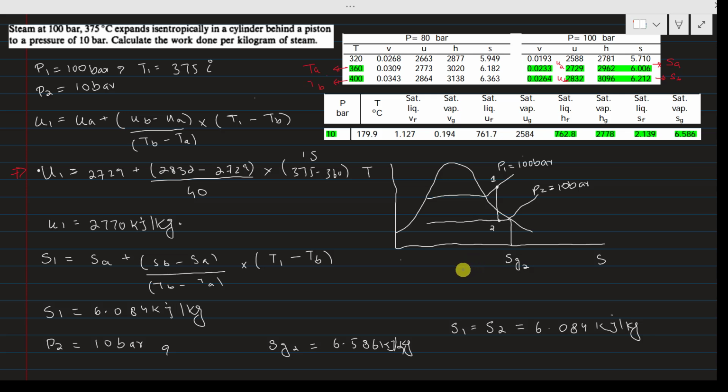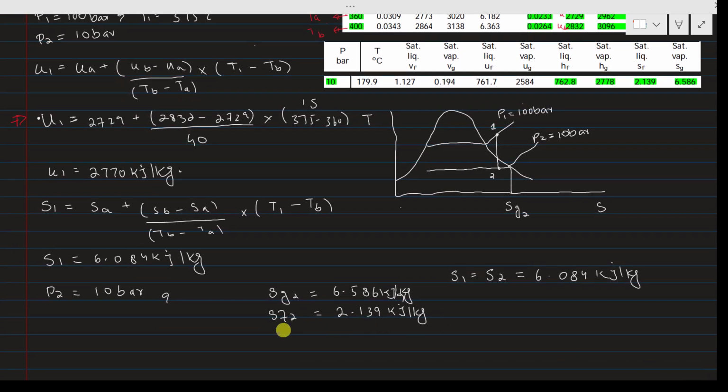So for that we need the dryness fraction also. Now from the saturated steam table, the Sf2 value is 2.139 kilojoule per kg K. Simply subtract this Sf2 from the Sg2 value and you will get Sfg2, which is equal to 4.447 kilojoule per kg K. Now we know that S2 is equal to Sf2 plus x Sfg2.